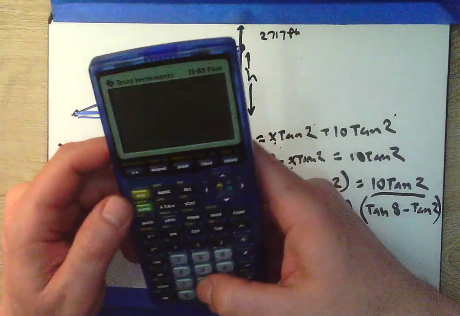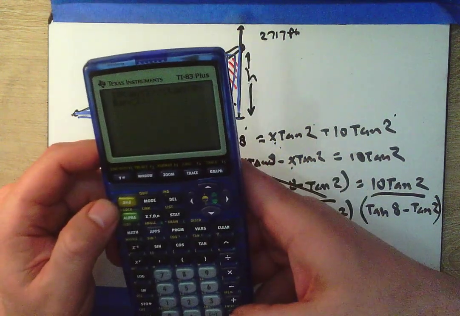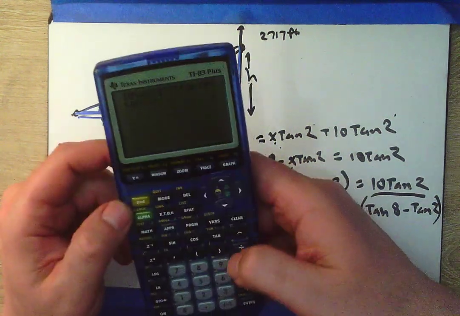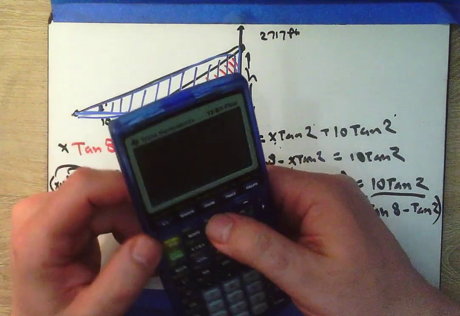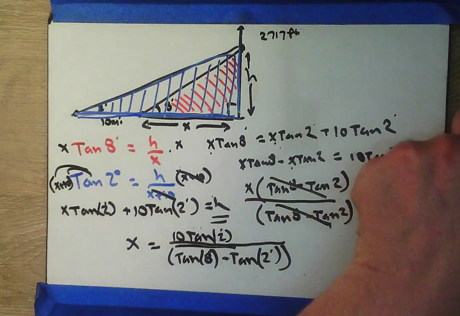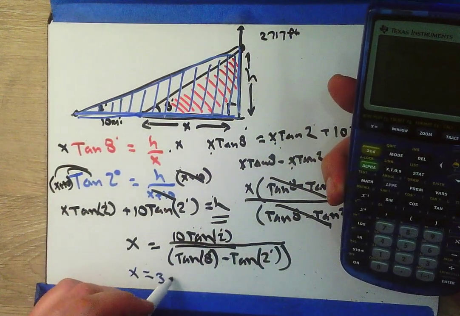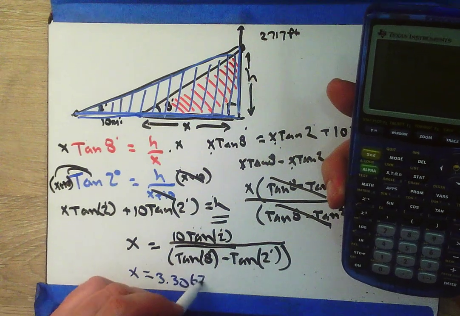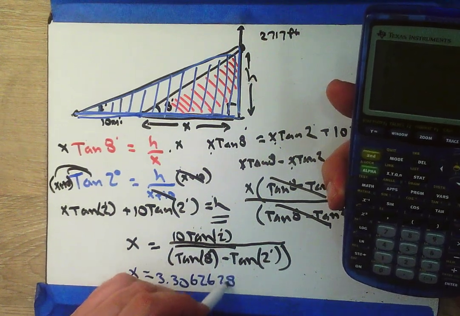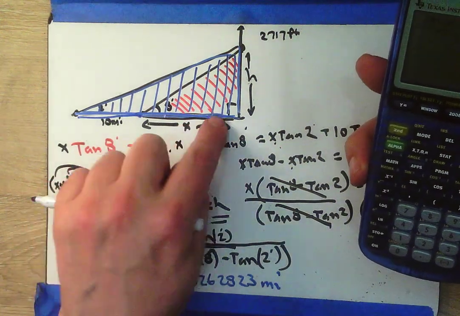So I end up, of course, with an error. What's my error? Oh, I've got two subtraction symbols there. One will be sufficient. Okay, I get that x equals 3.3062622823 miles. That's this distance.